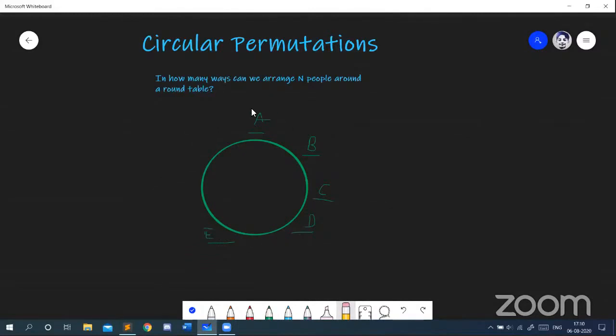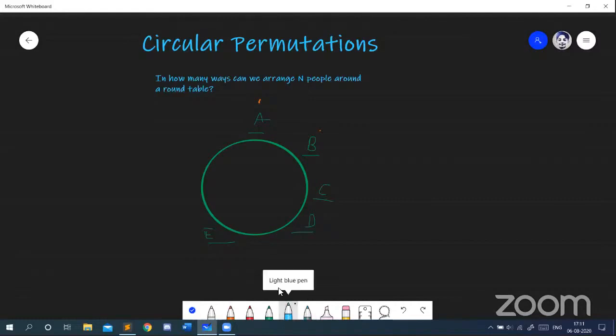Then in that case, I can rotate this table n times such that after one rotation B is at this position. Then after another rotation C is at this position, and that doesn't change what arrangement we're referring to, right? In all of these arrangements, if you go clockwise from A, then you'll find A, B, C, D, and E. That's why it's the same permutation.